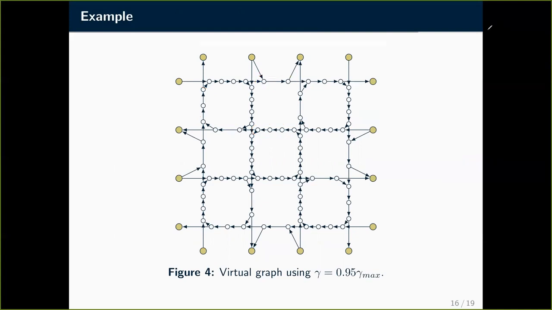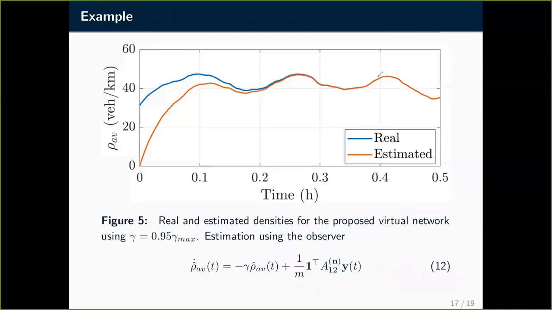Then we perform a simulation in which we assign some arbitrary input demands, and we plot the trajectory of the real average value in blue, and in red the estimated average value. Originally there is a difference, but as time goes on, they both coincide. So the estimator is in fact convergent, using the equation that we established in the beginning.